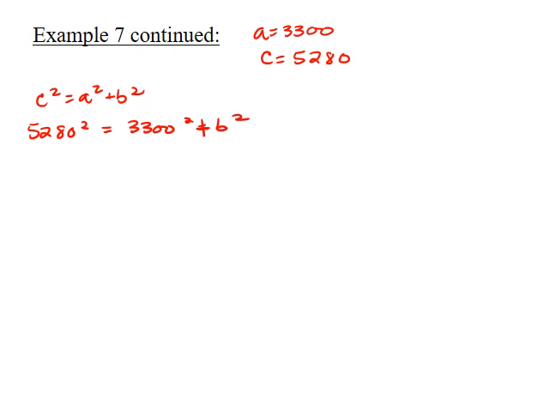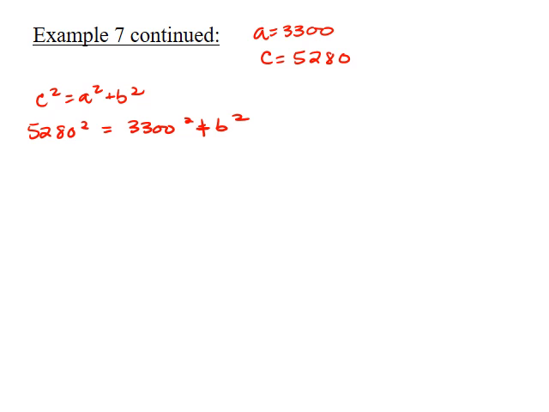Now C is 5,280. That's my foci basically. If I know A and I know C, I can find B. So 5,280 squared is equal to 3,300 squared plus B squared.